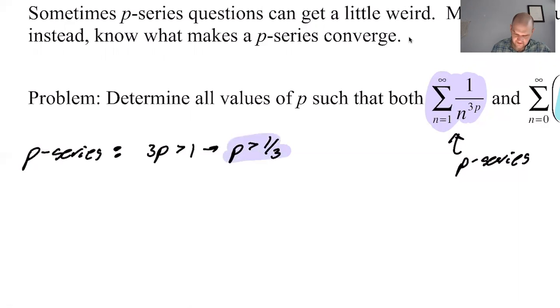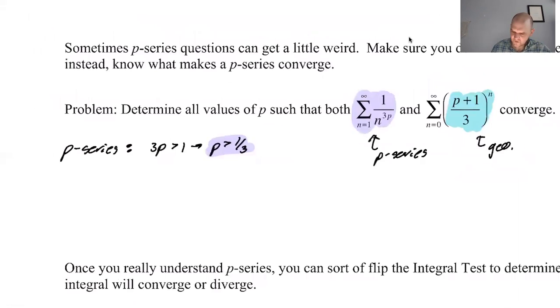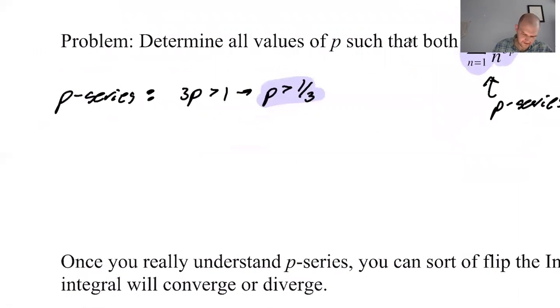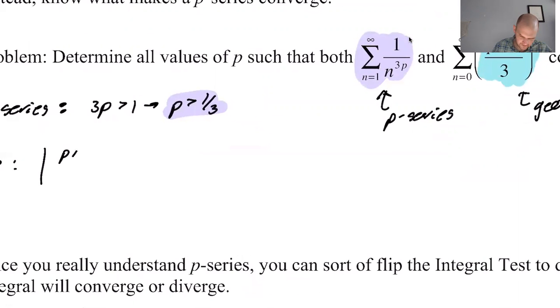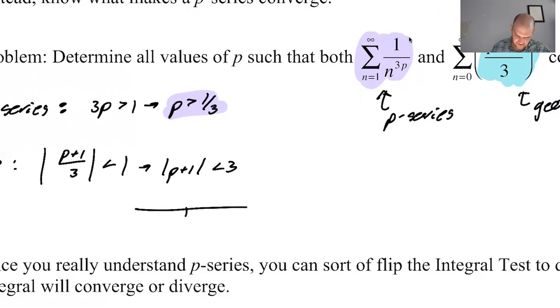So for geometric, I need the absolute value of r, and r is (p plus 1) over 3. I need the absolute value of r to be less than 1. If that's the case, it'll converge. So this is the absolute value of p plus 1 is less than 3. So I usually think of this as, you're at -1, you can go 3 in either direction.